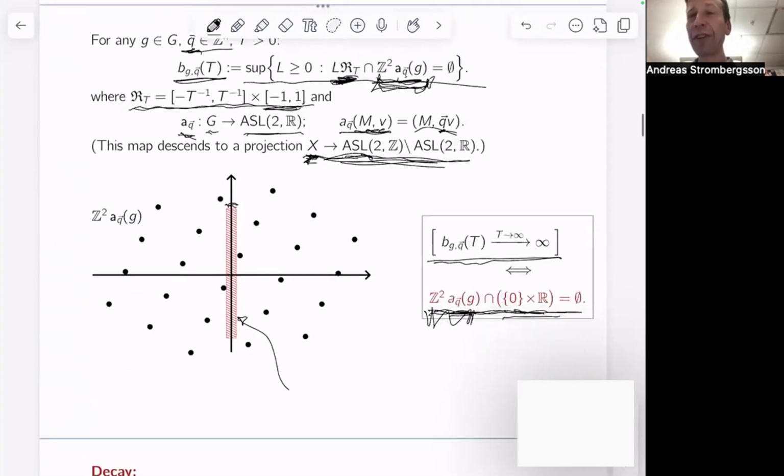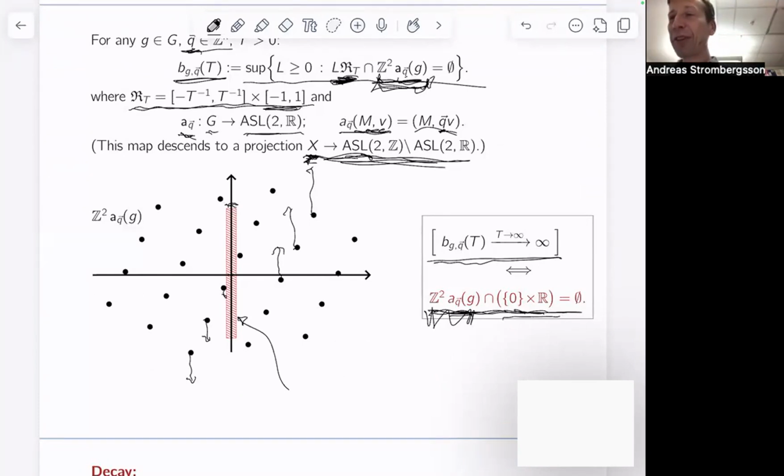Because, I should say, in this picture, the unipotent flow acts by shearing. So all points on the vertical axis are fixed. Points to the left of the vertical axis are moved downwards. They move further downwards, the further away to the left they are, and they move vertically upwards if they are to the right of the vertical axis.